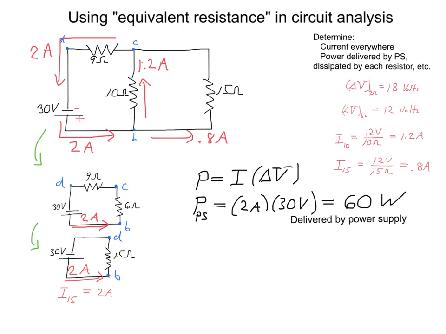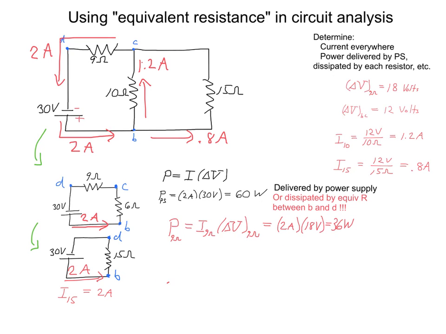Now that makes a lot of sense, and it should also lead us to think that if we were to calculate the individual powers dissipated by each of these individual resistors, that we would also get a total of 60 watts. So let's check that.